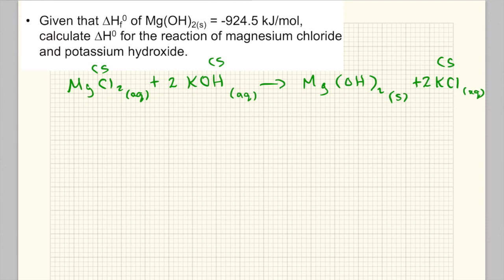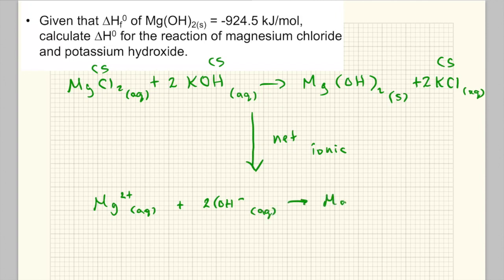So what you're going to have to do is find the net ionic. So if you go to work a problem and you find out that you don't have these pieces, you can't find magnesium chloride aqueous, it's because you need a net ionic. So you would come up with your net ionic, which happens to be magnesium 2 plus aqueous plus 2 hydroxide aqueous yields magnesium hydroxide solid.